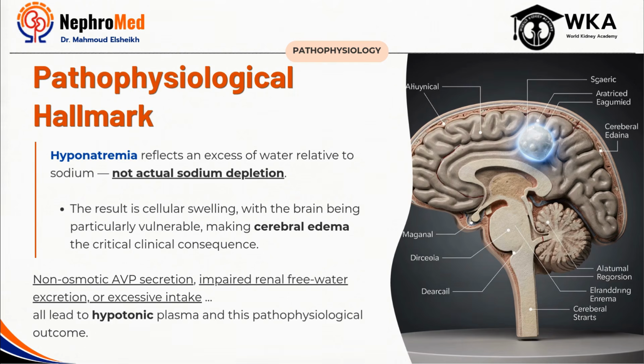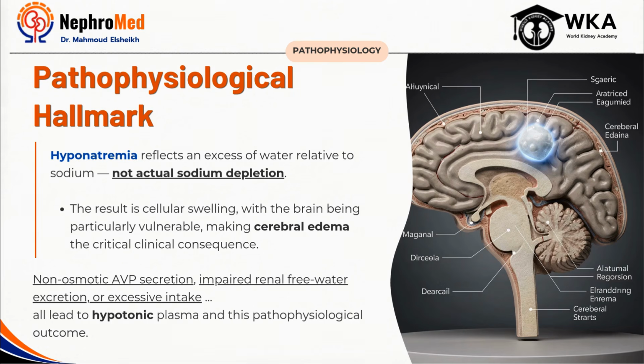When plasma becomes hypotonic, water shifts into cells by osmosis, leading to cellular swelling. And among all organs, the brain is especially vulnerable because it's confined within the rigid skull. So the major feared consequence of acute severe hyponatremia is cerebral edema. Clinically, this is why patients can develop headache, nausea, confusion, seizures, and decreased consciousness, and in extreme cases, even brain herniation.